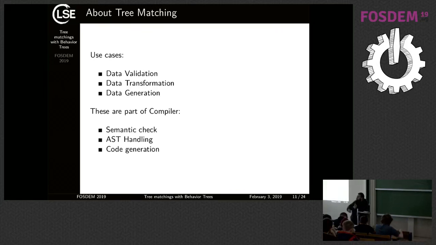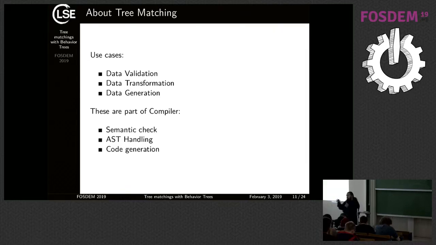And more generally, you need tree matching for data generation, because you have a first data tree that you traverse, identify some things, and call some other method that creates another type of data. So you could have a first data tree that generates a second data tree.